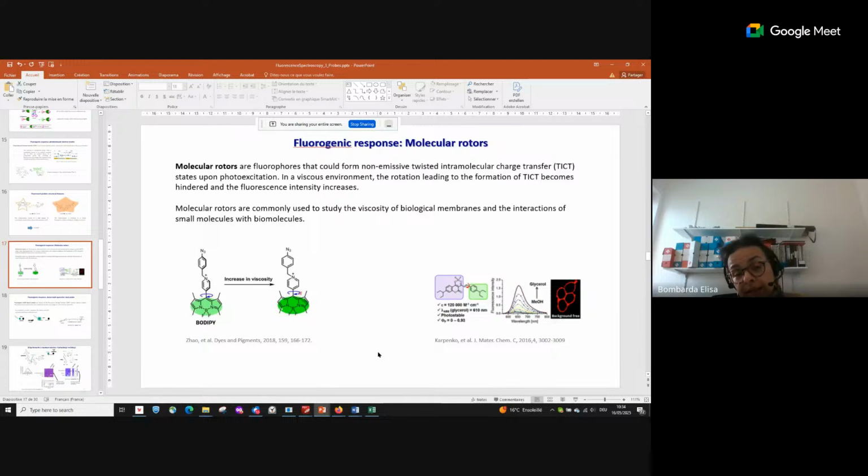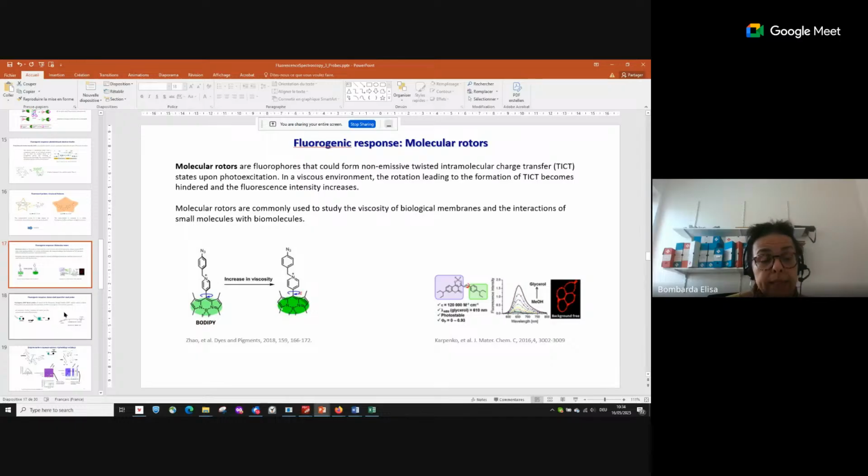And the chemists that develop these probes have this in mind. They try to design molecules that, with their chemical reactivity or their molecular structure, are able to change their fluorescence in function of a change in a specific property of your system.